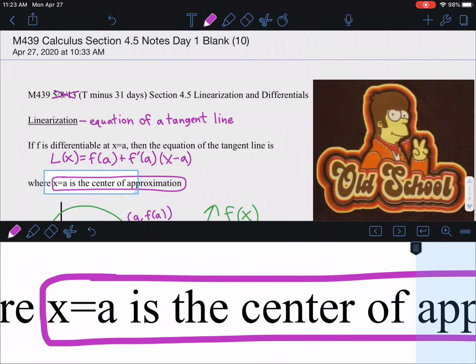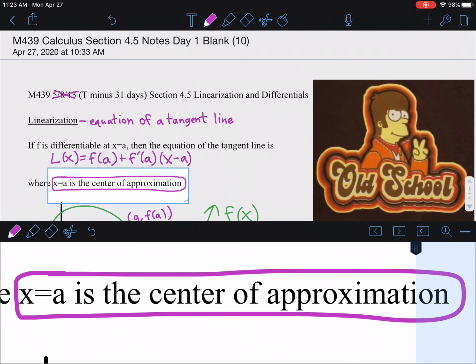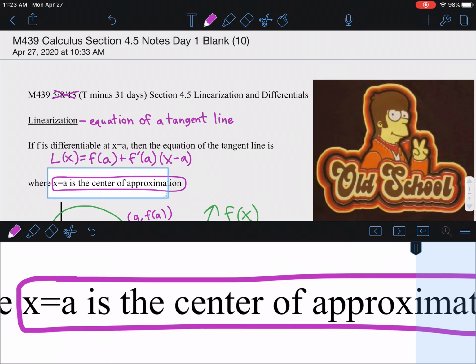That's a fancy little phrase. All that really means is that's where we're finding the equation of the tangent line. So at some x value, which we'll call a, we're going to make the tangent line there.